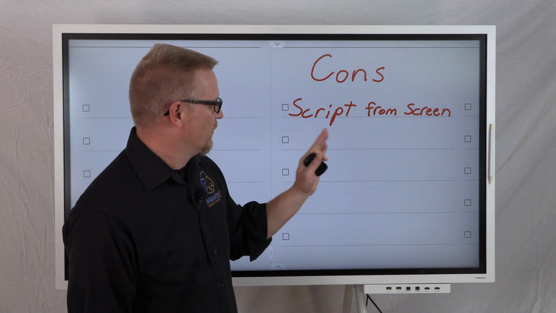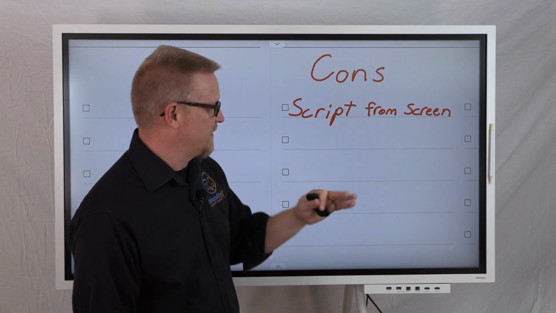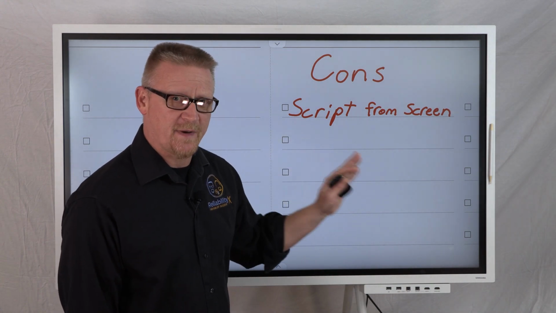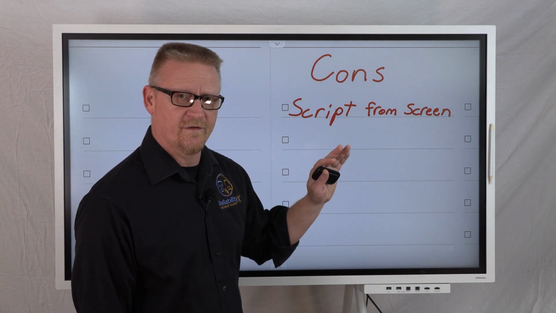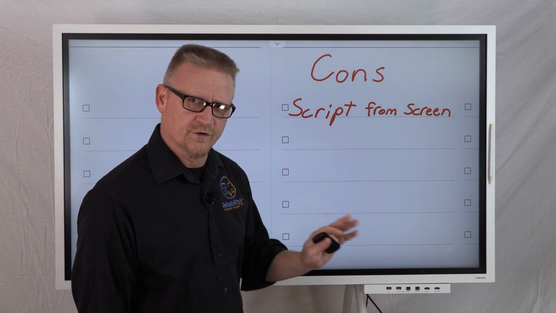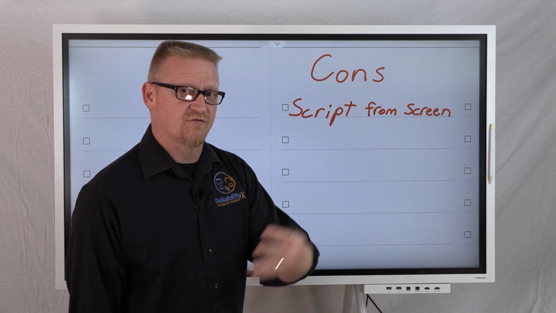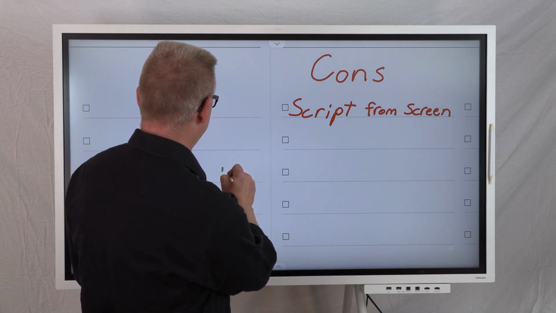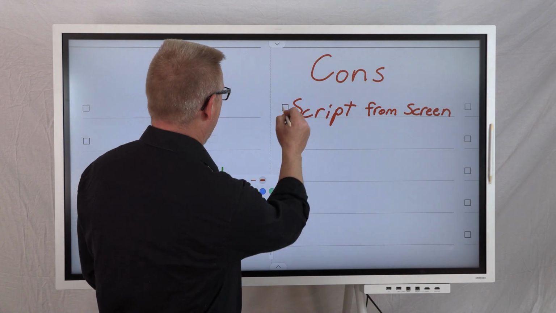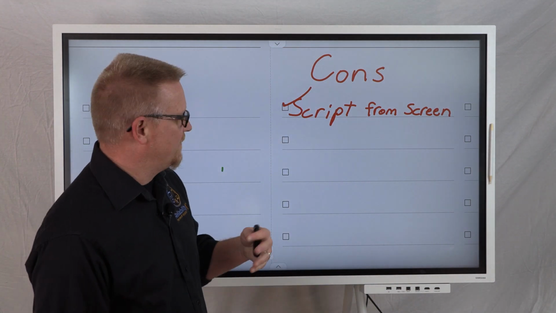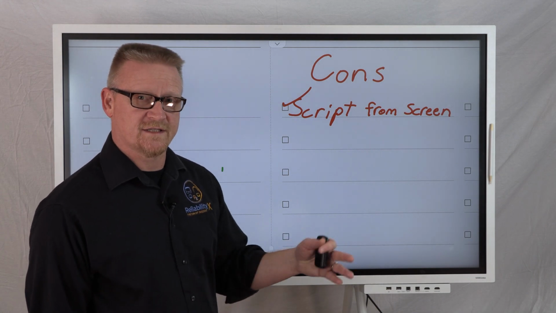According to them, and I've had this conversation with them during that 15 minutes of training, that is on their path forward and they are currently working on that. But as of today, you can't record your steps and have it transcribed into a script. So we've got a con associated with that.